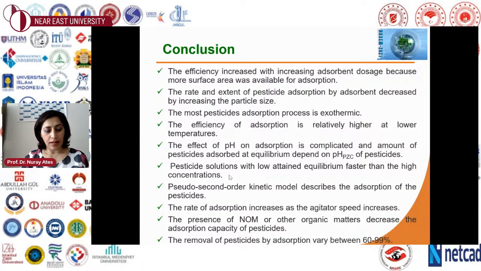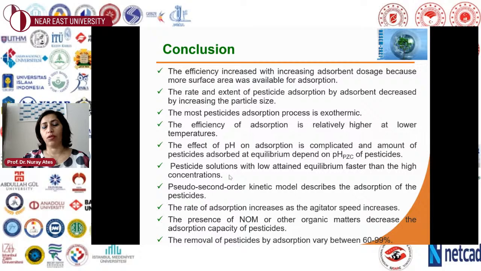So in acidic medium the pesticides get protonated and become positively charged, and because of the higher electrostatic attraction, the adsorption capacity and efficiency get higher.